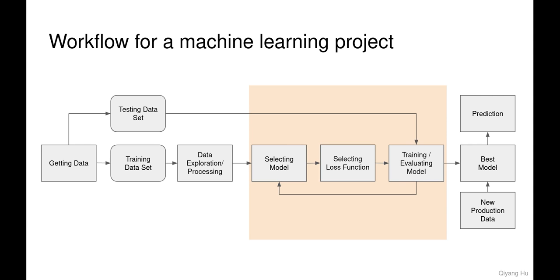We may spend a lot of time studying what the model is and how to select the model, what the loss function is and how to select a loss function, how we can evaluate the model, and how we can train the model. All those would be a very core part of a machine learning project in a university. As I said at the beginning of this talk, we don't have the time to discuss or introduce the details of the machine learning models.